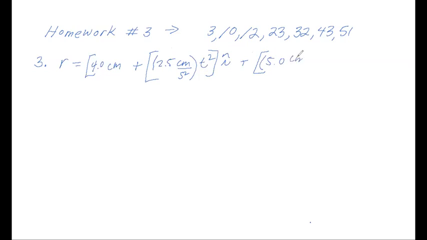All right, and the position is R equals 4.0 centimeters plus 2.5 centimeters per second squared times t squared i, and that would be plus 5.0 centimeters per second times t j.